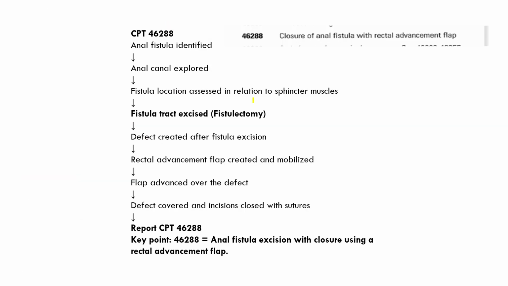We will move to the next CPT code, 46288, for the closure of the anal fistula with rectal advancement flap. Here he will identify the anal fistula, explore the anal canal, and assess the fistula in relation to the sphincter muscles, and he will do a fistulectomy.